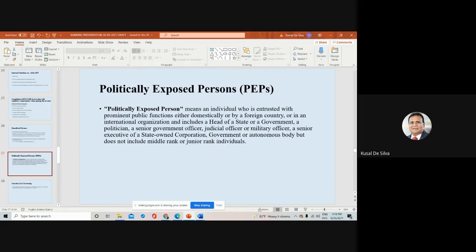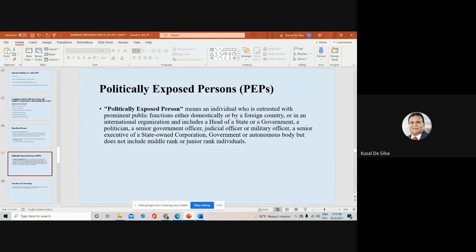So these people will come under the PEP category, and when they open accounts, these accounts will be maintained separately and need higher authority approval within the bank. There may be internal directions from each bank on how to open accounts for politically exposed persons, what kind of approval is required, and what kind of information is required.